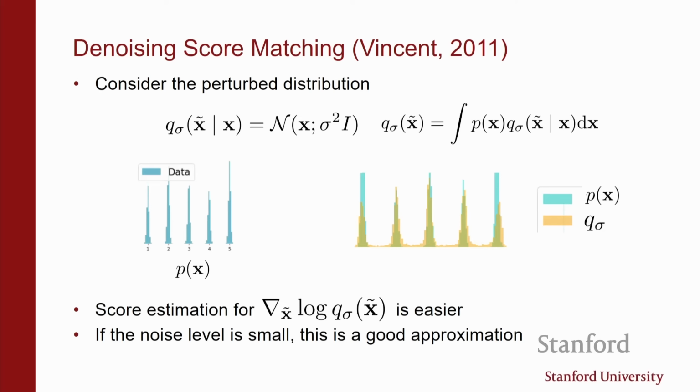And so the scores that you estimate for the noise perturbed density are going to be pretty close to what you want, because q sigma is going to be pretty close to the original data density when sigma is small. That's the high level idea.